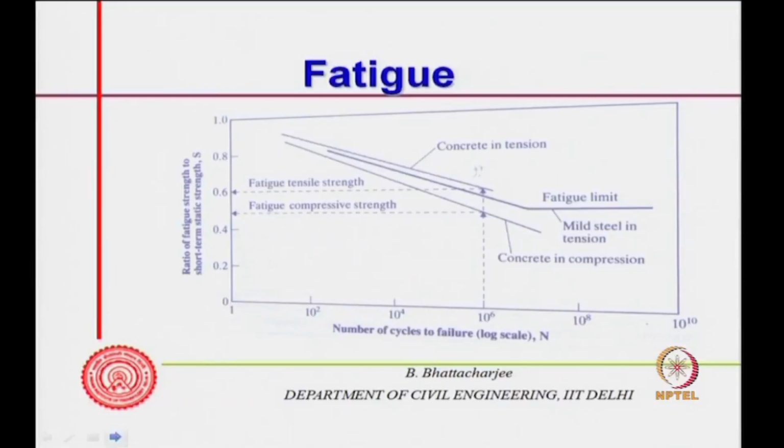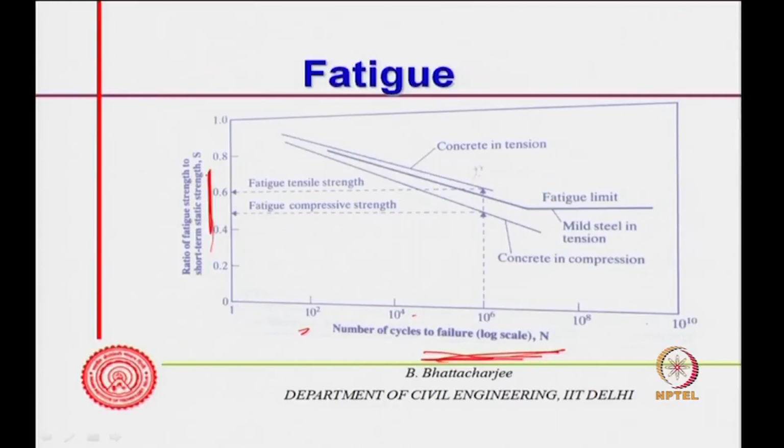If you look at this diagram, on this axis is the number of cycles drawn in log scale, because 10 to the power 2 etcetera, and the ratio of the fatigue strength to the short term static strength.